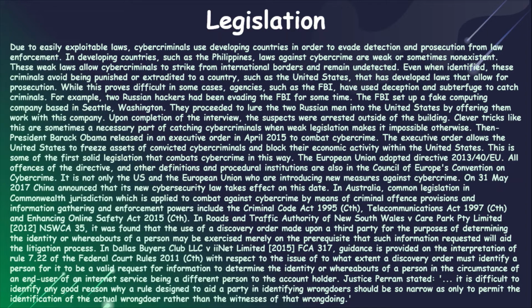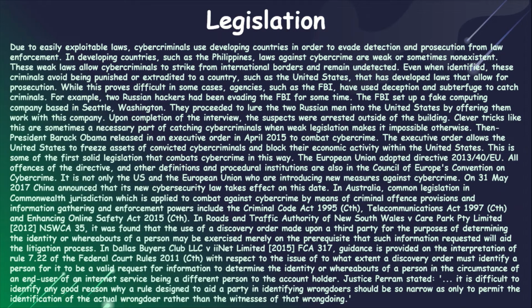Even when identified, these criminals avoid being punished or extradited to a country such as the United States that has developed laws that allow for prosecution. While this proves difficult in some cases, agencies such as the FBI have used deception and subterfuge to catch criminals.